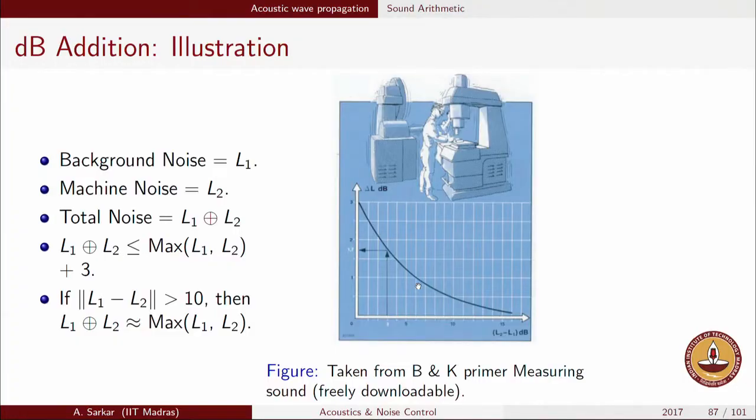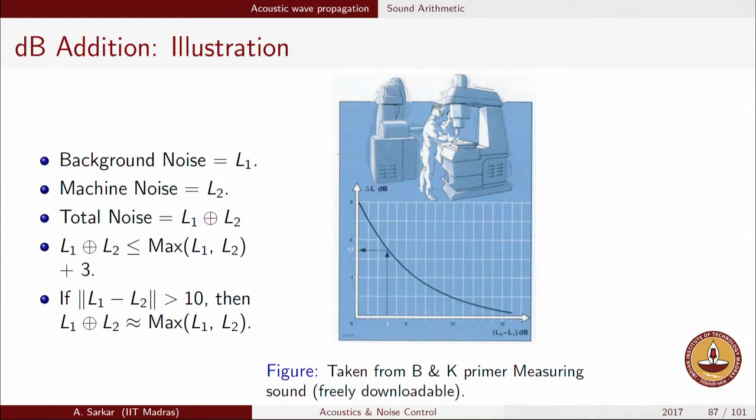Because just from this dB level itself you can understand that if that 84 dB, even if you reduce to 80 dB, nothing much will happen. If 90 plus 84 is adding up to something, then 90 plus 80 will add up to almost the same number, right. So, you will not be able to get any gains as far as the total noise is concerned, unless you target the right source of sound.